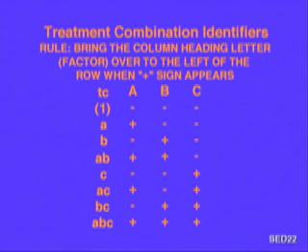While we name the column factor headings with uppercase letters, we name the rows with lowercase. These unique row headings are called treatment combination identifiers, and they come in handy when we are actually executing the experimental runs. The column heading letter is brought to the row heading when we have a plus sign match. Watch.